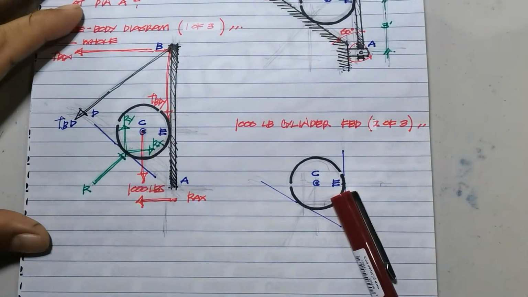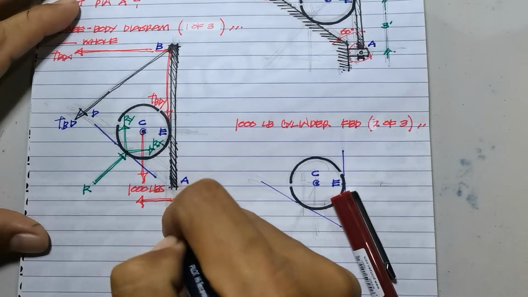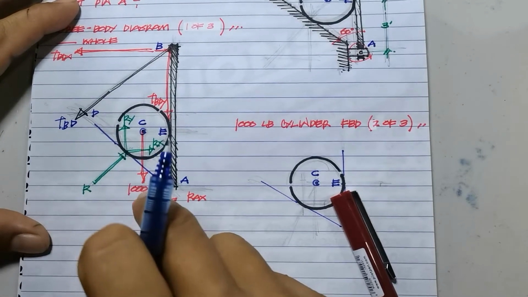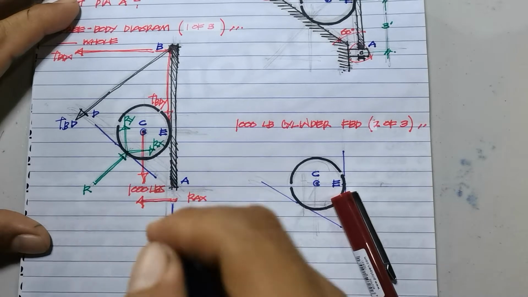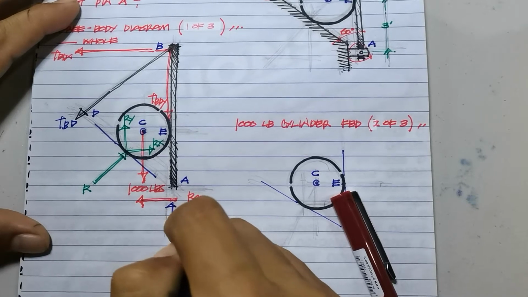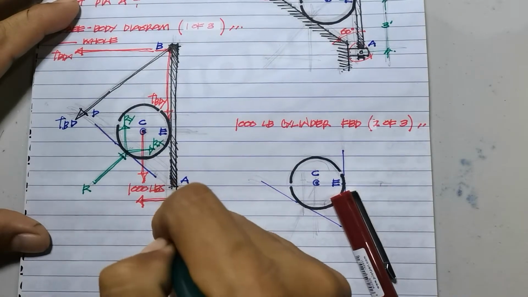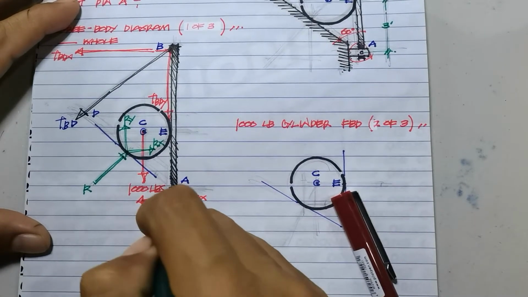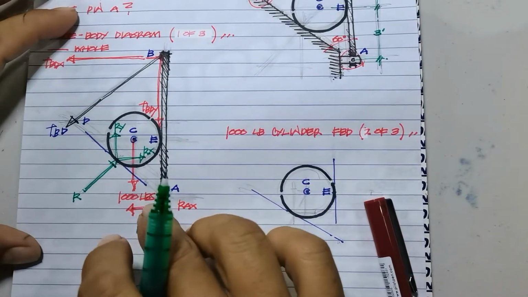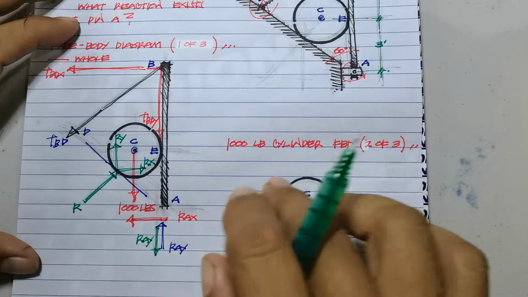Then, last one would be itong RA of Y. So, in terms of RA of Y, since wala tayong idea kung sino mas mataas kay RY sa dito kay 1,000 pounds, dalawa yung possible direction ni RA of Y. So, either si RA of Y is going up or going down. So, again, it will all boil down in the end kasi in the end consider natin yung condition called equilibrium.